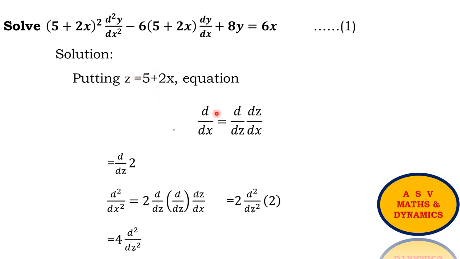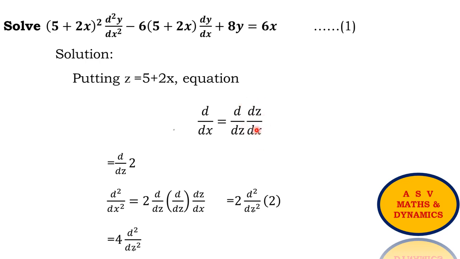Now, instead of d over dx, we can split it into two terms, one divided and one multiplied: d over dx equals d by dz times dz by dx.